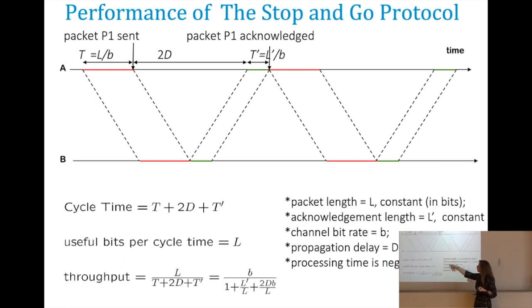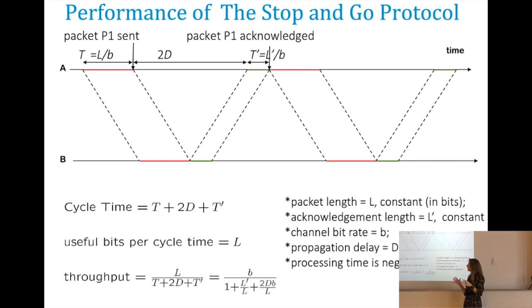And then we have the time it takes to send the acknowledgement in the channel, so the size of this new acknowledgement packet, L prime, divided by the bit rate B. And the second propagation delay, so it's D again, because we sometimes assume that it takes the same time to travel from A to B as from B to A, which is not always true, but we always assume it is for modeling.